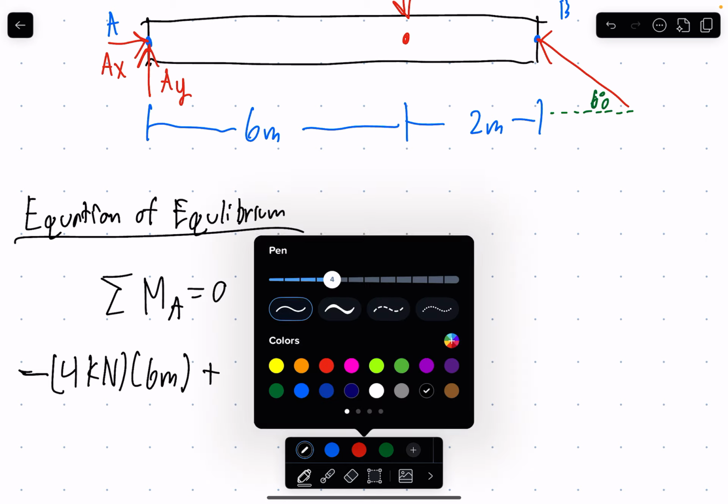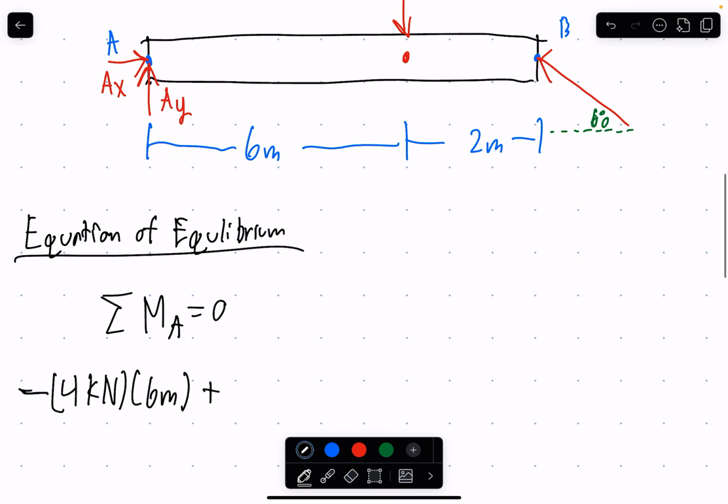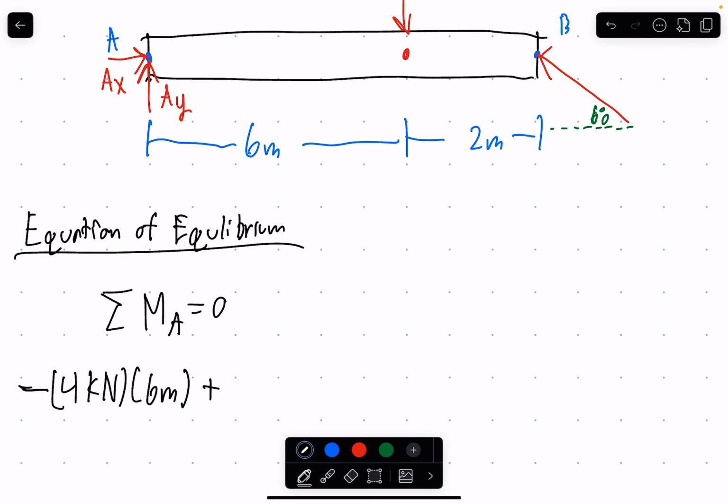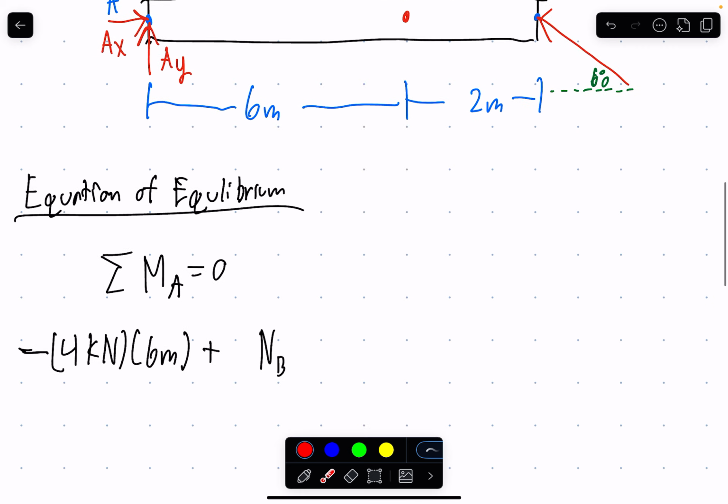And then we'll go to the other force acting on the beam, which creates a moment with the reaction NB. It'll only be the vertical reaction here that will be creating a moment, because a horizontal reaction doesn't have a moment arm, so there'll be no moment created.